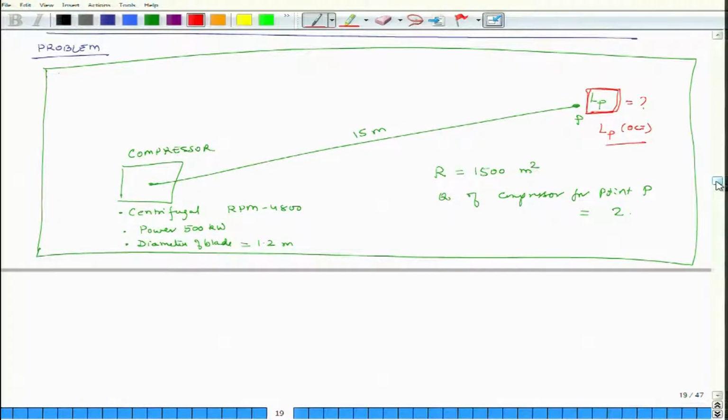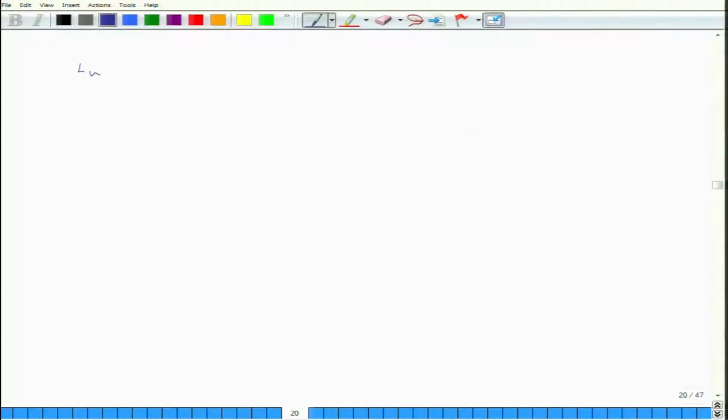So, how do we do it? We know that for a room we know how to compute LP if I know LW. So, in this case I have to find LW. Now, this is a centrifugal compressor. The relation for a centrifugal compressor is 20 log of HP divided by reference HP plus 50 log of U divided by U naught plus 81.